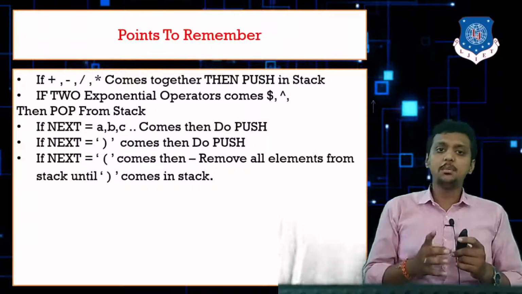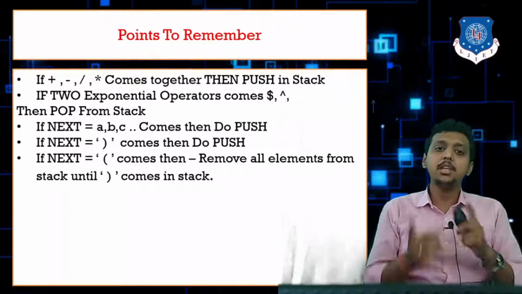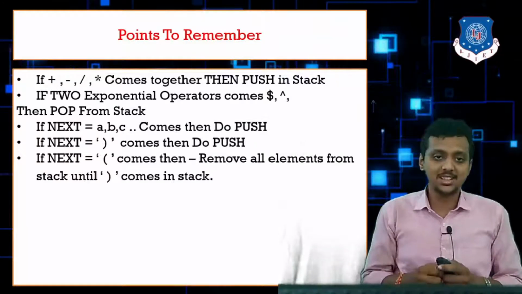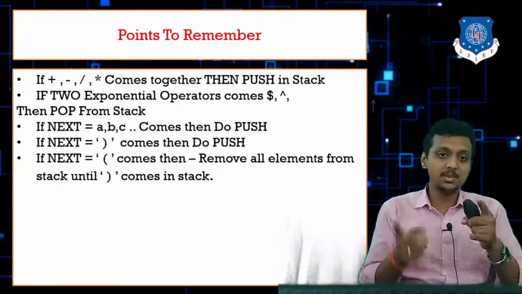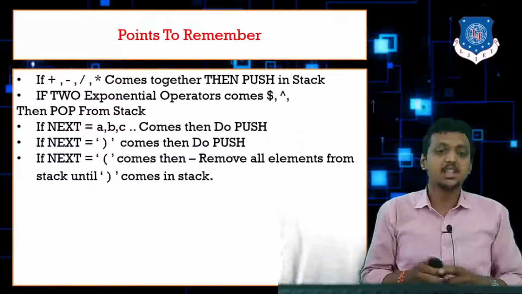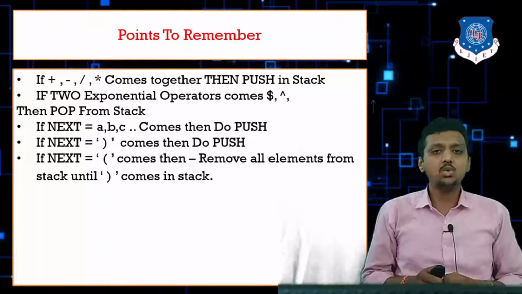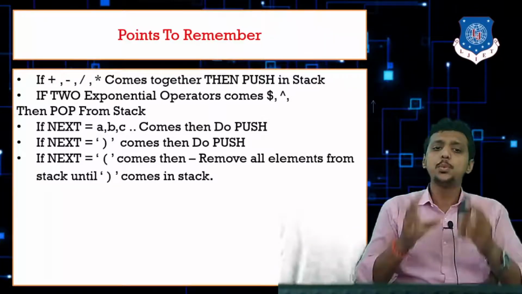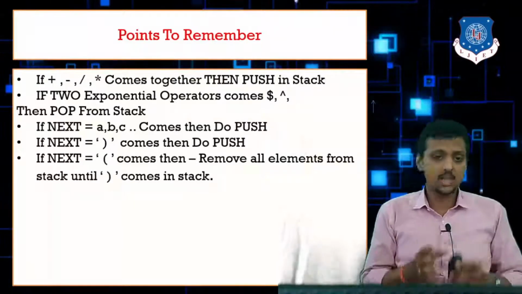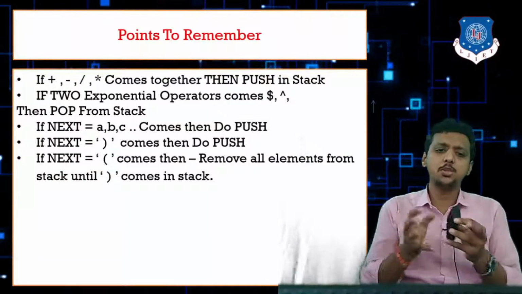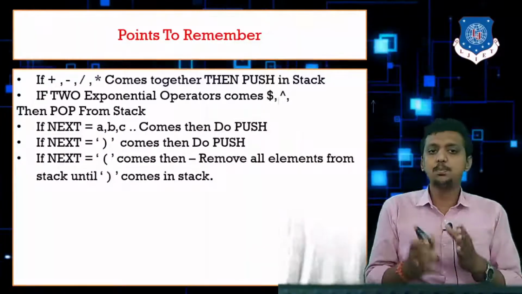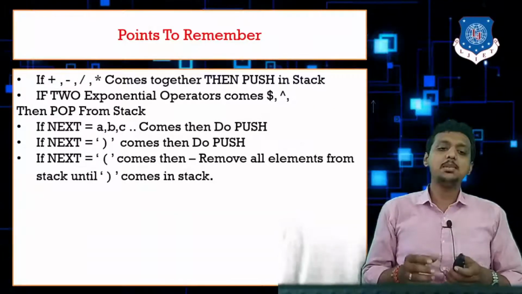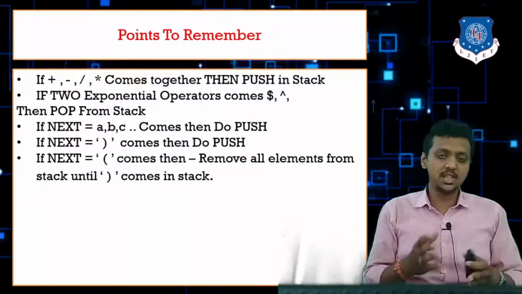See, in infix to postfix conversion we just pop them, but here we need to push inside the stack because the precedence table is reversed. Fine, so when you get, students, plus, minus or division, star together, you just need to push inside the stack. Then when you get two exponential operators together, you need to pop one and push another. Next, when you get the ABCD, do not think much, just push inside the stack.